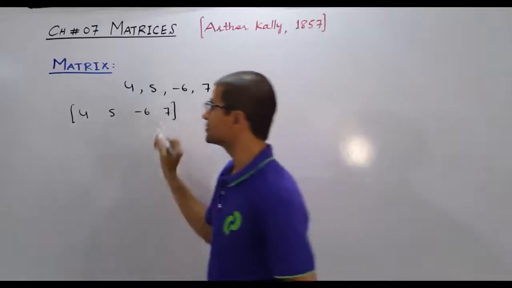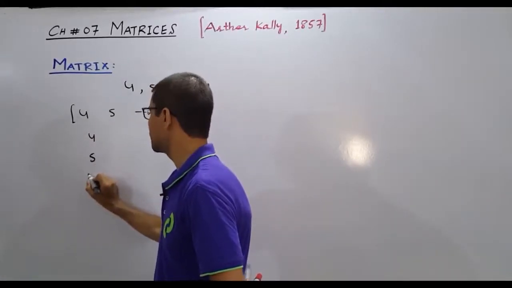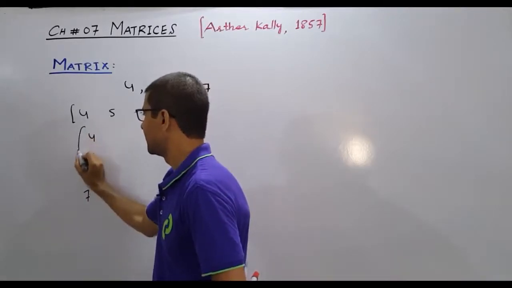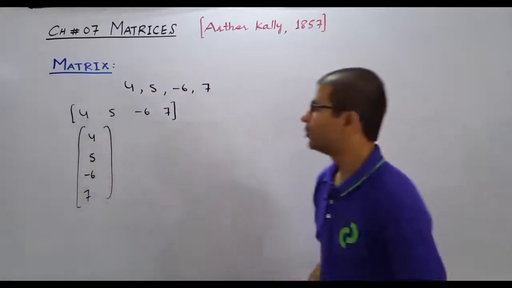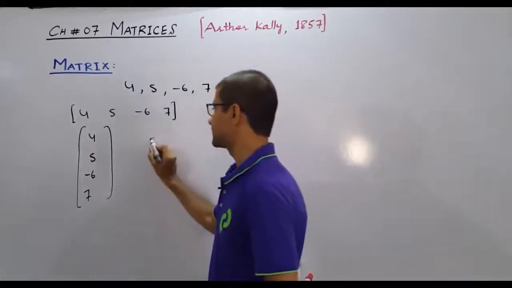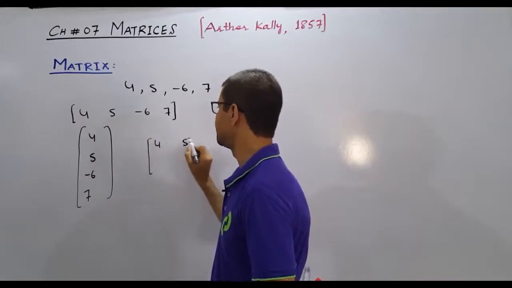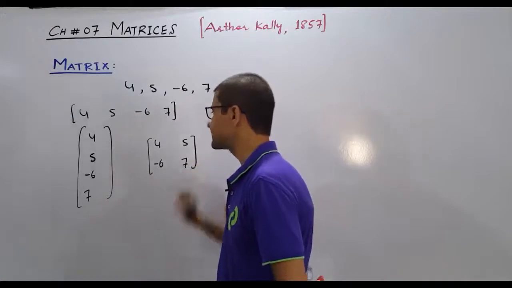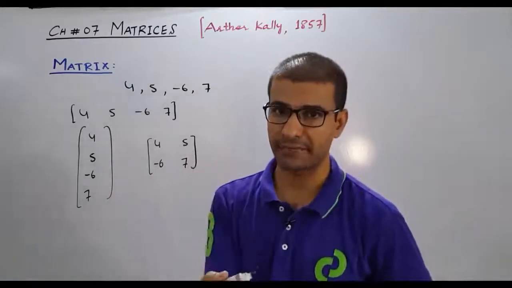If we arrange these numbers vertically, this is another matrix. We can also arrange these 4 numbers by taking 2 numbers in the first row and the other 2 numbers in the second row. This is another matrix.